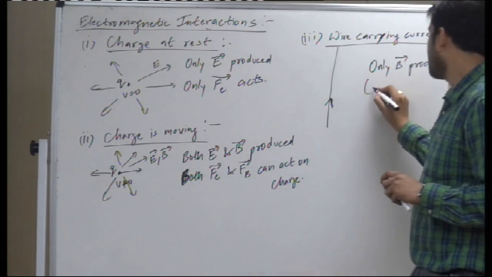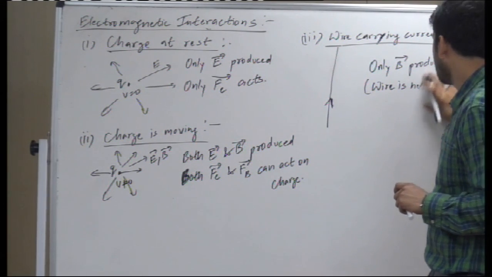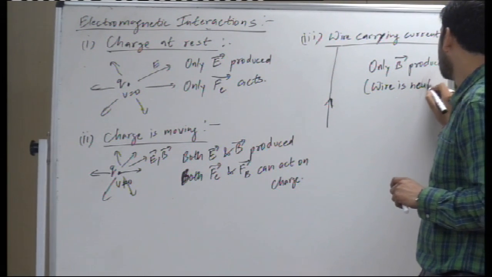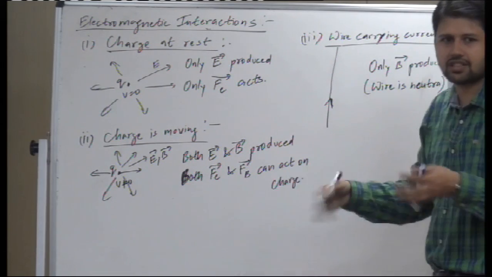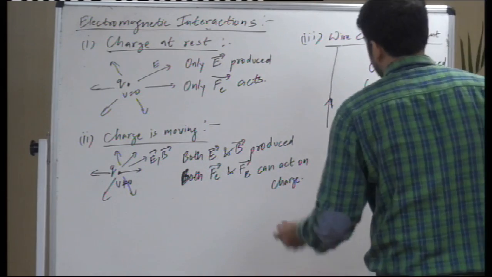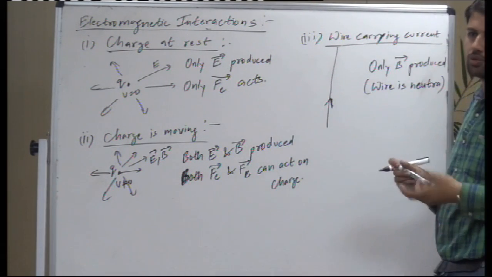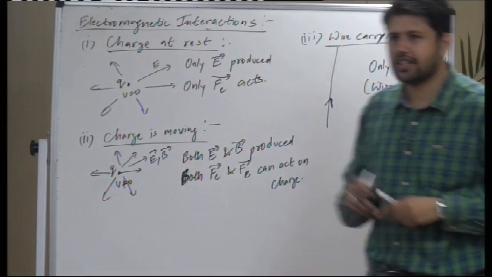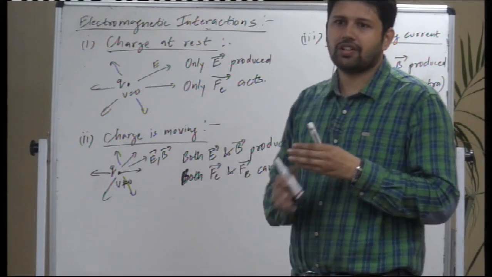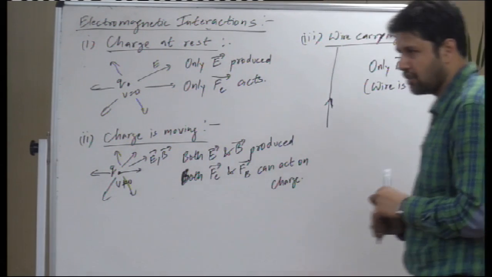Why? Because the wire is neutral. Whenever a wire carries current, it never gets charged. You know it, right? Whatever the amount of electrons pumped into it, the other side of the battery takes that many electrons out. If 10 electrons are pumped into the wire, the other end will lose 10 electrons. It is always neutral, right?